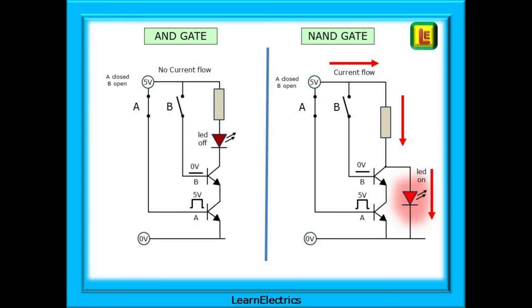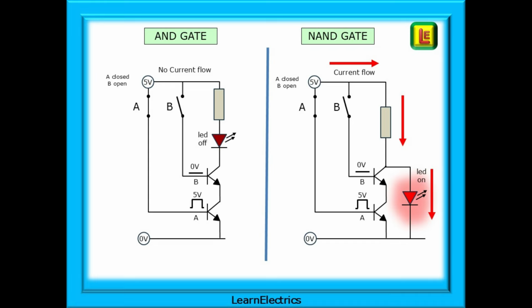Now close switch A on both of the circuits. What happens? Nothing, basically. Transistor A on both circuits has a 5V signal on its base, but cannot conduct current as it's being restricted by the second transistor. So we have, for the AND gate, A equals 1, B equals 0, Q equals 0, which means that the AND gate output remains off.